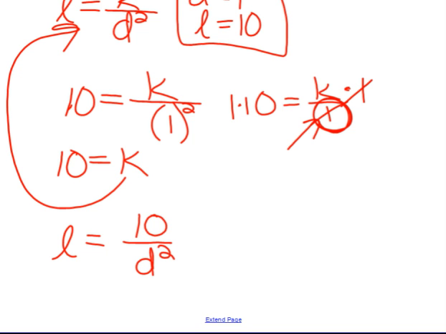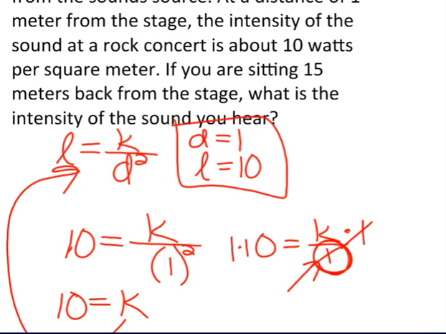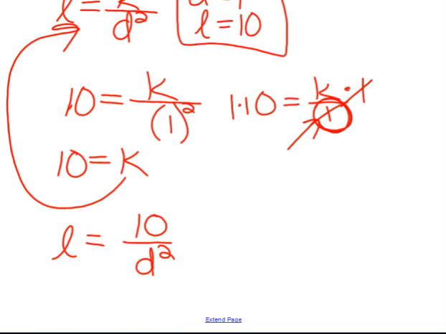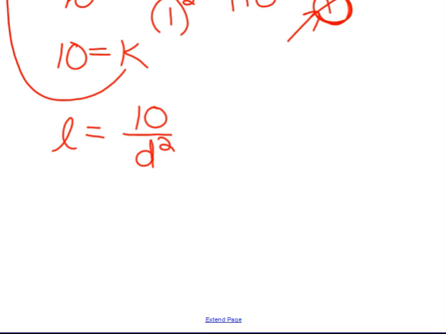And now I need to take my second set of numbers. You're sitting 15 meters back from the stage. What is the intensity? So now I have L is equal to 10 divided by 15 squared. Fifteen squared is 225.